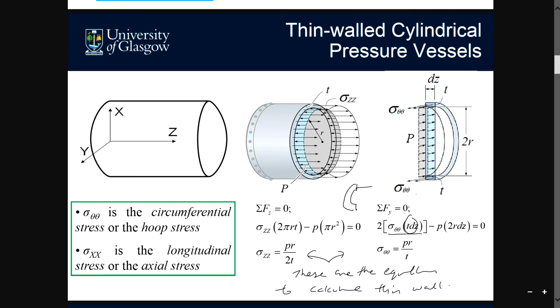Because you're looking in this direction, you have some sort of dz times t. And there are actually two of the slices if you look in this direction. So if it sparks a memory, you're looking at this plane here. This is t, this is t.